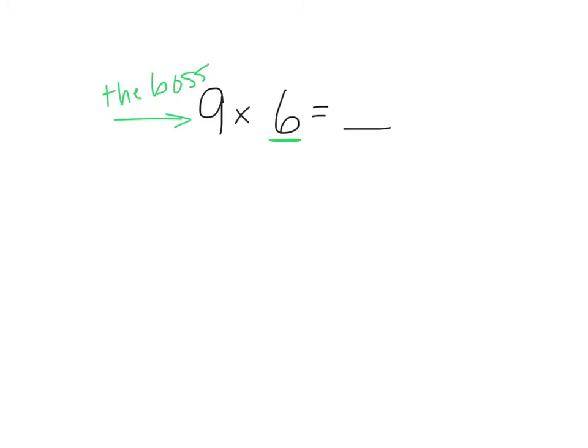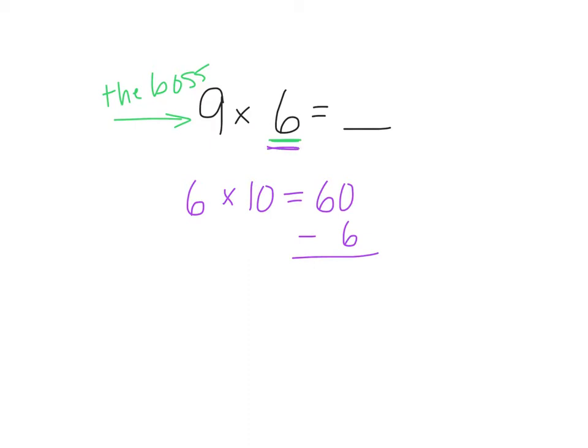So the first strategy is to take that other factor and multiply it times 10, because we know from our other lesson that multiplying times 10, all we do is take that factor and then put a 0 behind it. Then we subtract the other factor, the one that we're working with.